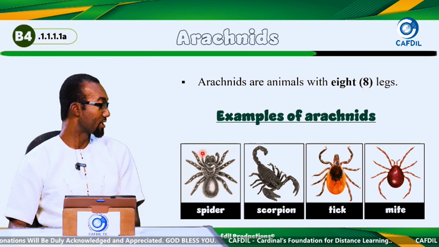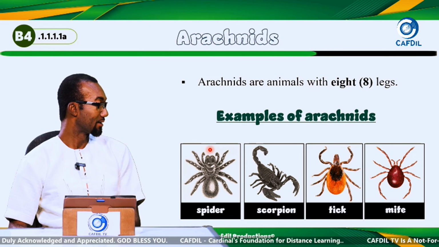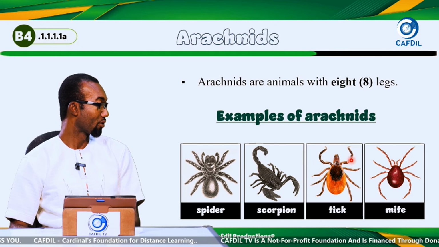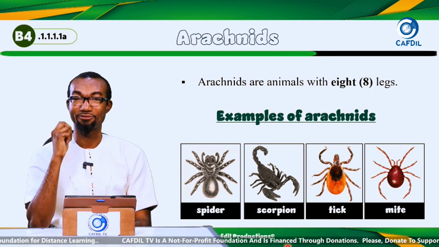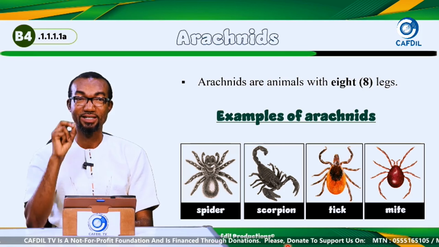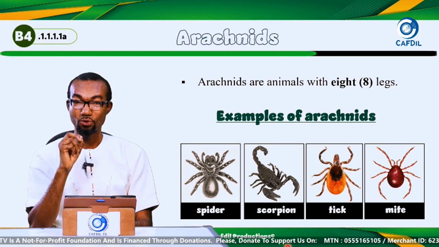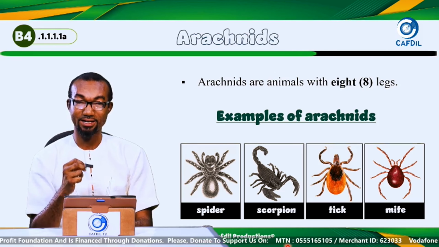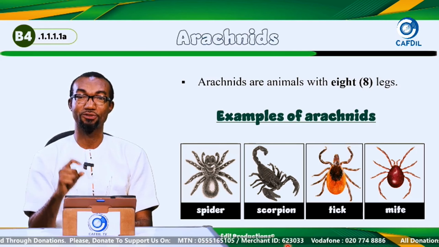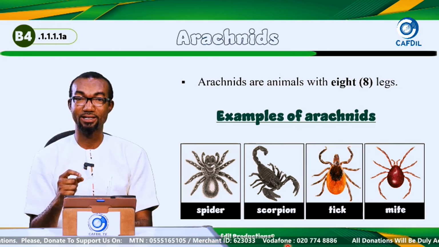And the 2 you see here are the antennae. If you look at the tick here too, you see 1, 2, 3, 4, 5, 6, 7, 8. So arachnids have 8 legs, whilst insects have 6 legs. So note the difference. A spider is not an insect, but rather an arachnid because of the 8 legs spiders possess.